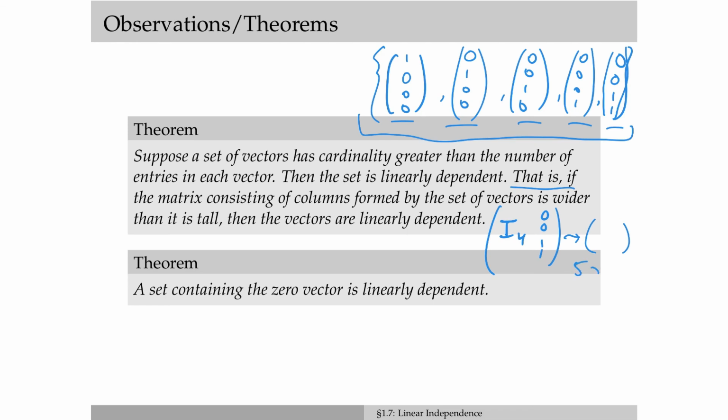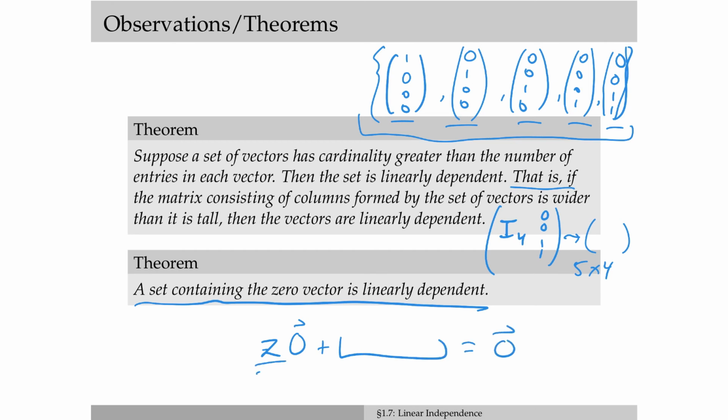Well, it's a 4 by 5 matrix. Therefore, it must be dependent. Another one is any set containing the 0 vector is going to be dependent. That should be pretty clear because the weight, let's call it Z, in front of the 0 vector in my linear combination, I can put any number there for Z, and therefore it's always going to be a non-trivial solution.